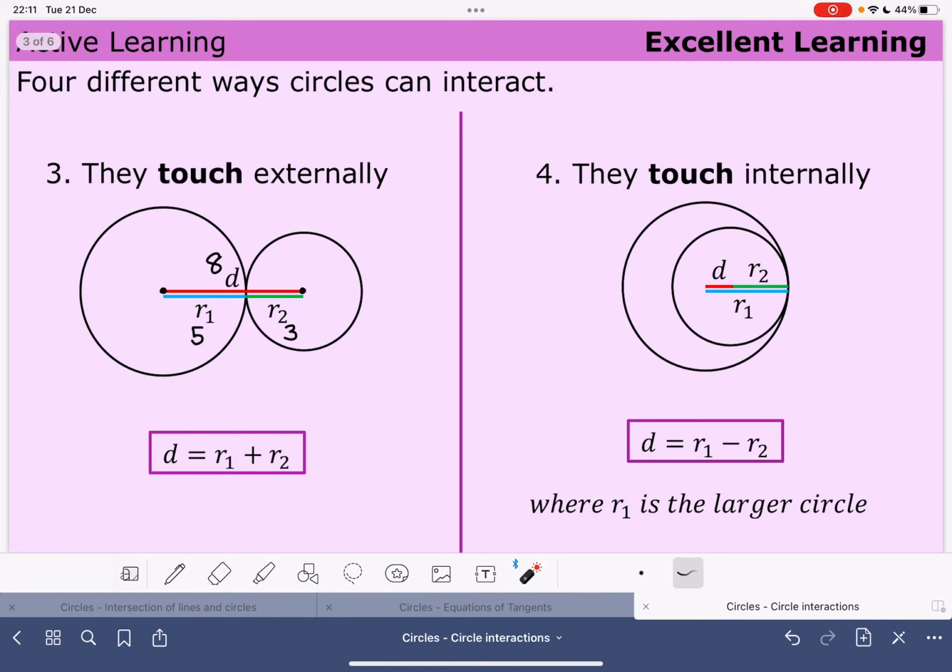So we are adding the radii, and if they are less than the distance, they don't meet. Greater than the distance, they overlap and they have 2 points of intersection. But if we have this equality where the sum of the radii is equal to the distance between the centres, then they touch externally.